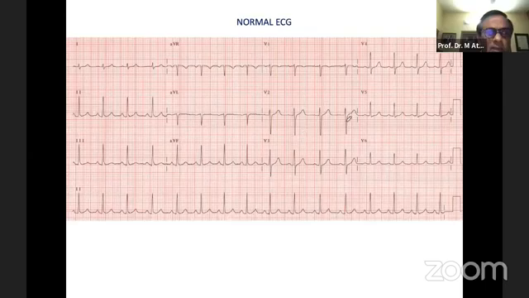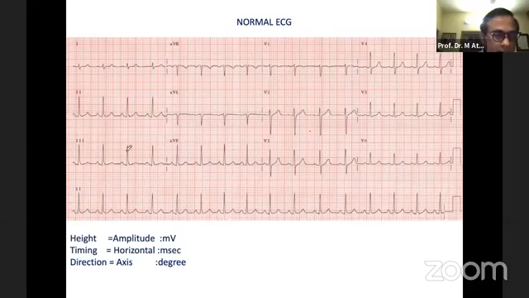And this is one of the examples of the ECG. This is the normal ECG. Our sir always loves to show this normal ECG. We have to see the normal ECG, we have to understand the normal ECG. And this normal ECG has, as I have already described, the height, this is the height of the QRS complexes.